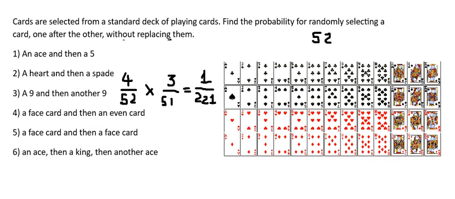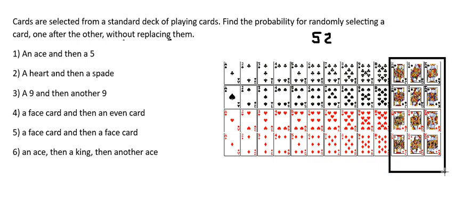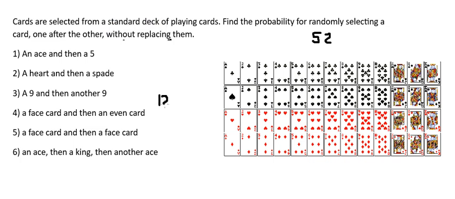And now we go to the next one. We need to select a face card. In this one, there are 12 face cards in here. So we put 12 out of 52. Even card, that is 2, 4, 6, 8, and number 10.